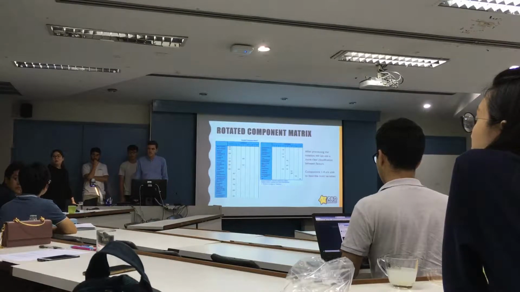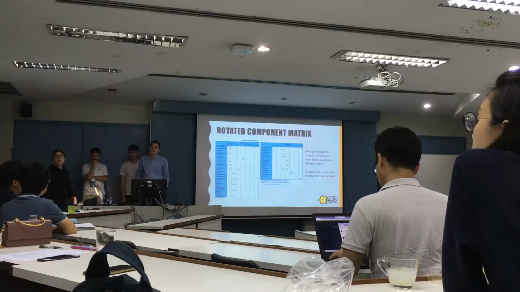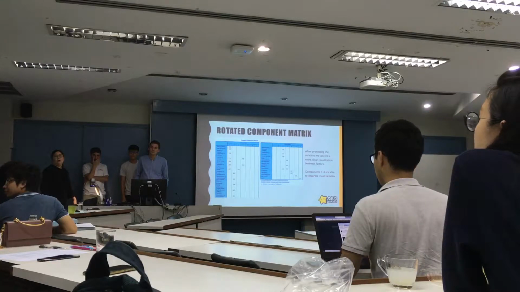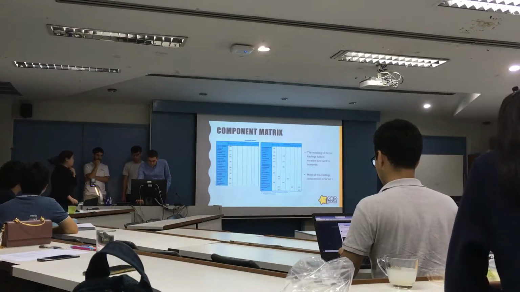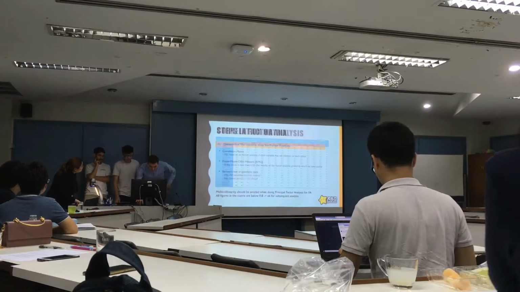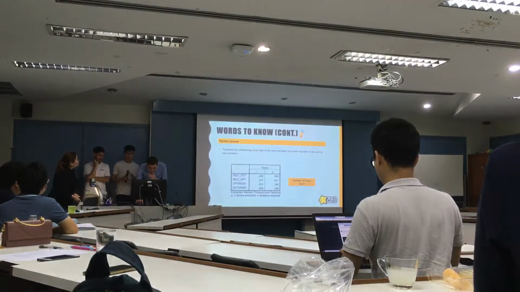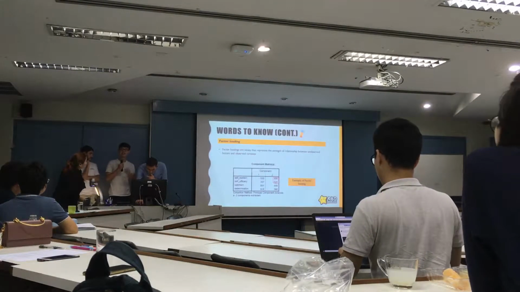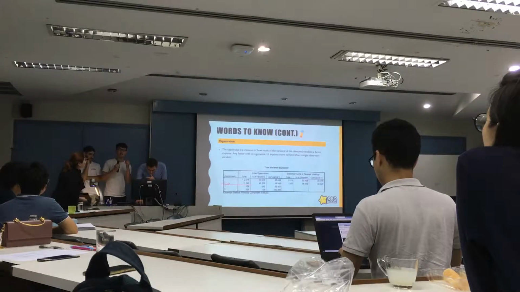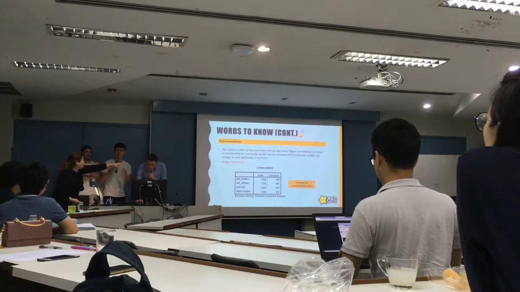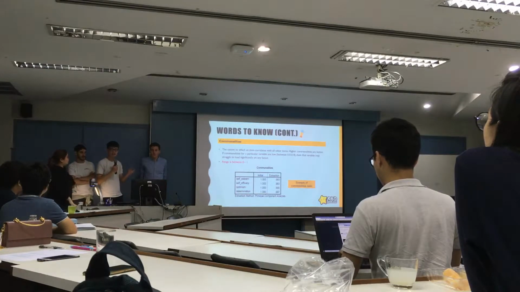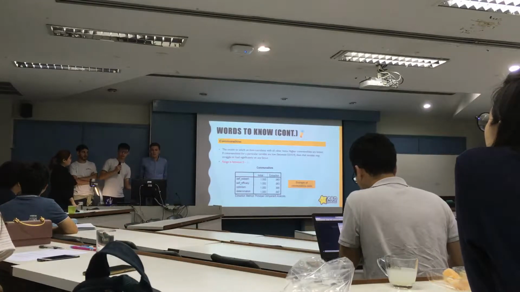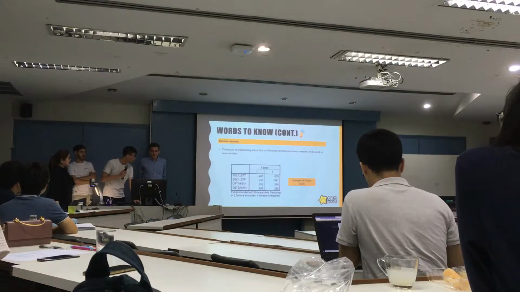Going back, I think you said before that in this table you can find any value that is less than 0.4. Can you explain why it's 0.4? Actually, it depends. Some people say it can be above 0.3 or 0.5, but in our case, we think that if we use 0.4, it's easier to explain our result.